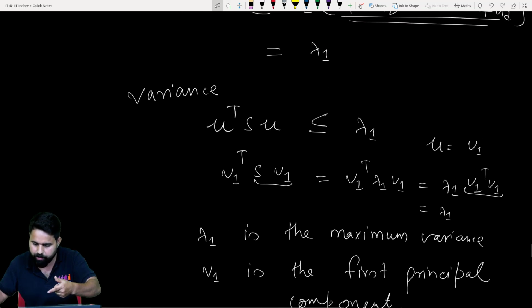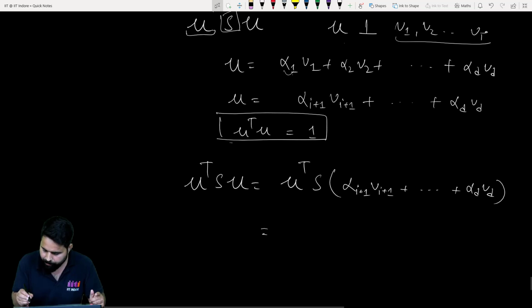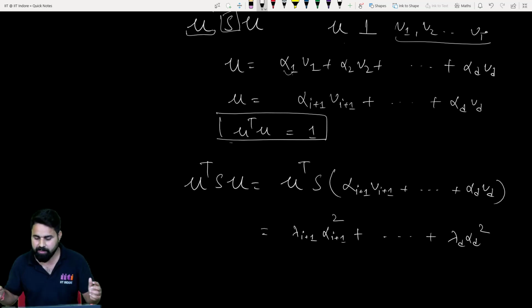You can take a hint from above, where we computed the first one. This will be nothing but lambda i+1 alpha i+1 squared plus up to lambda d alpha d squared.